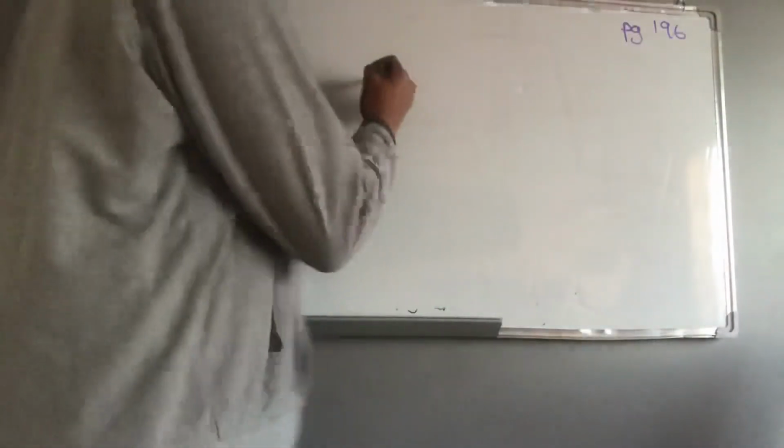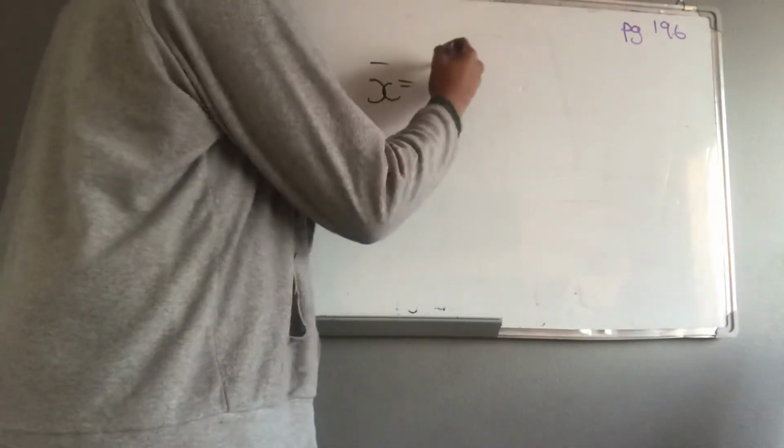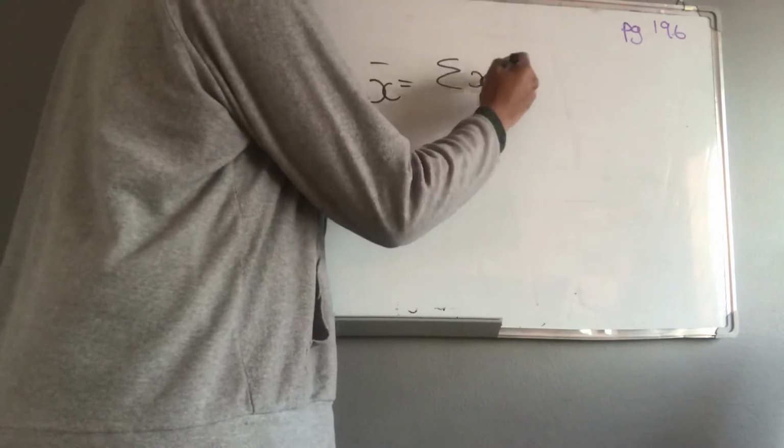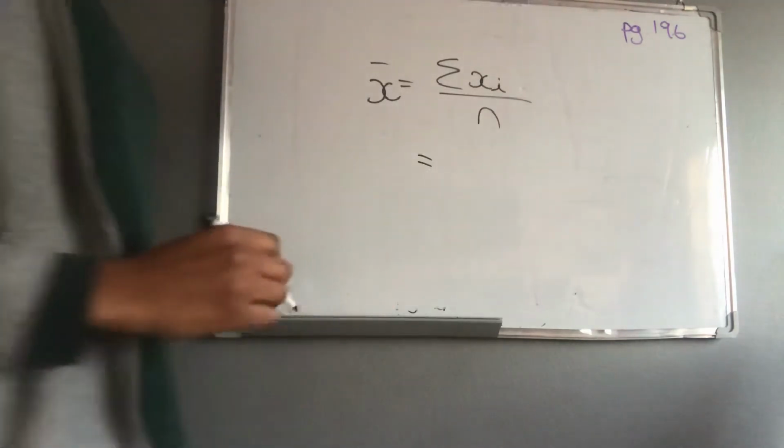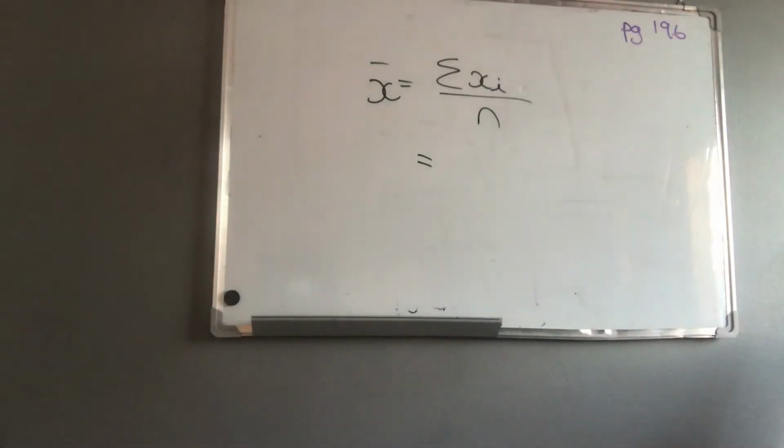Okay, so remember how to calculate your mean. Your mean x bar is equal to the sum of all your data values divided by n, n being the total number of observations.